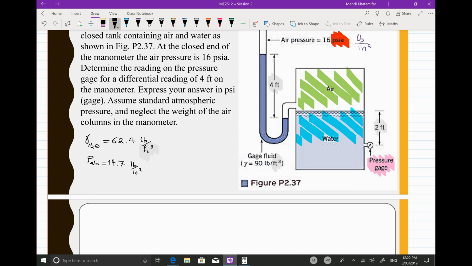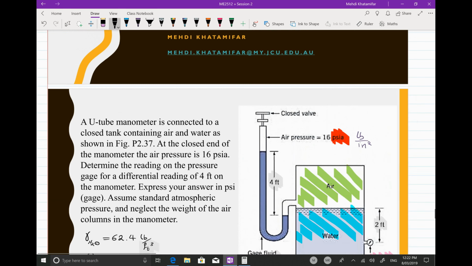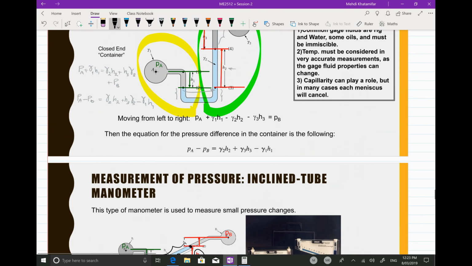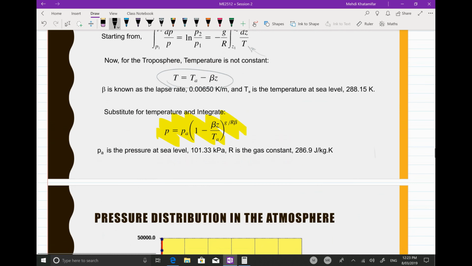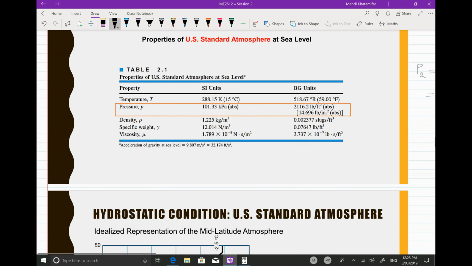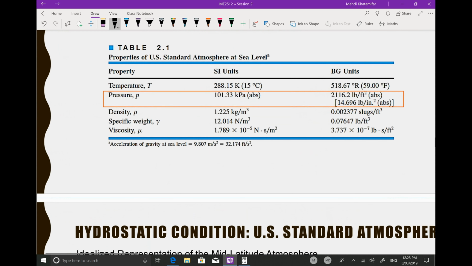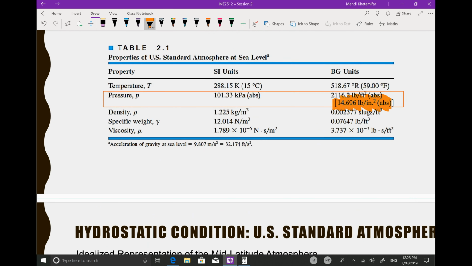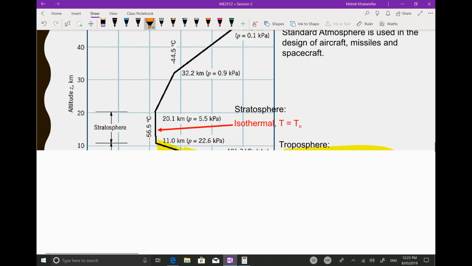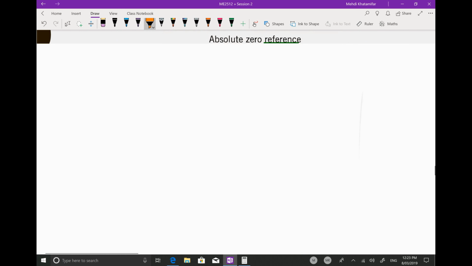I think I showed you inside the table. Let's go back and check that table. Yeah, as you can see here, 14.69, which we considered 14.7. Let's go back to our question.